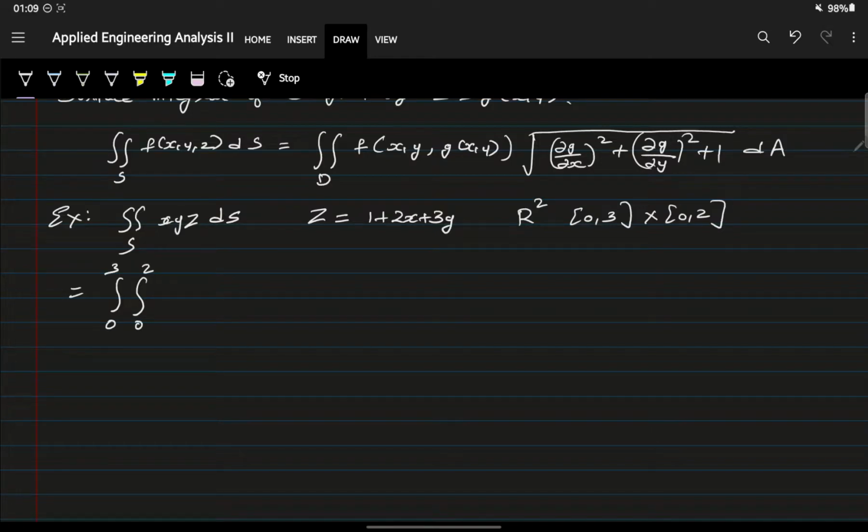We have f of x, y, and z, so we have x, y, and for z we can substitute 1 plus 2x plus 3y.